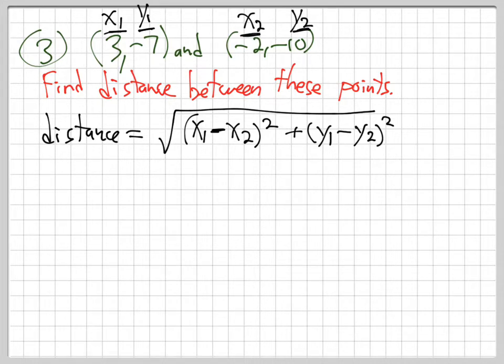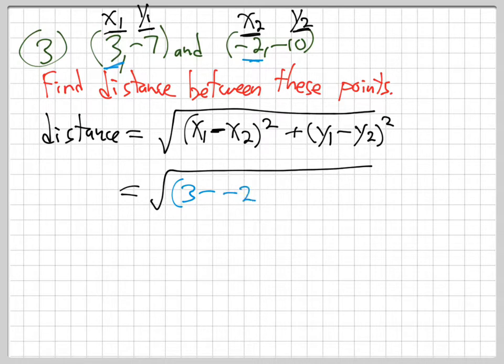So plug those in. Can you do that? So this is the square root of x1, 3, subtract x2, -2. See how we got the double negative thing there? Because of the subtraction from the distance formula, and x2 is negative also.